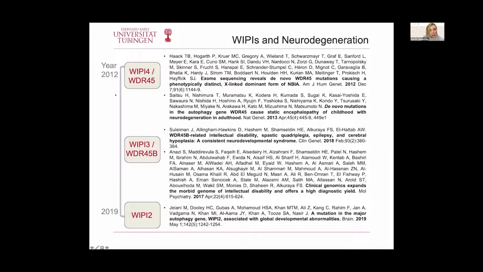Later on, this was confirmed by many other groups. But recently, it was also shown that mutations in WIPI3 and also in WIPI2 lead to problems with intellectual capacity. So we feel that this whole family is very interesting with regard to neurodegeneration.